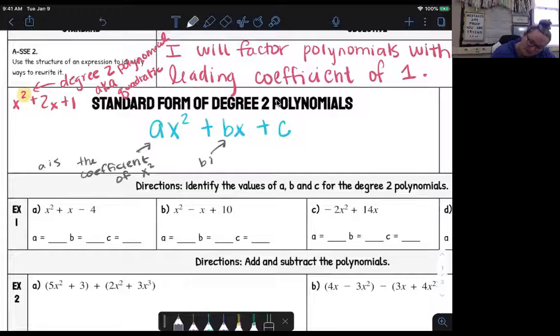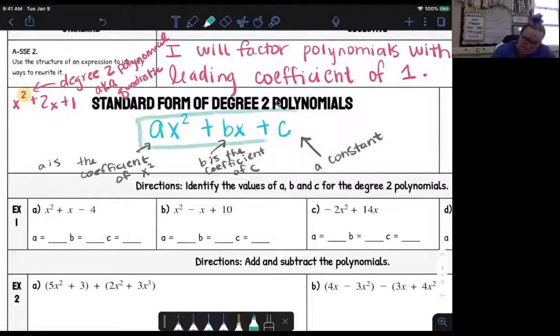B is the coefficient of x, or what's being multiplied by x. And c is a constant, so there's no variable. You always put the x squared term first, the x term in the middle, and the constant last.